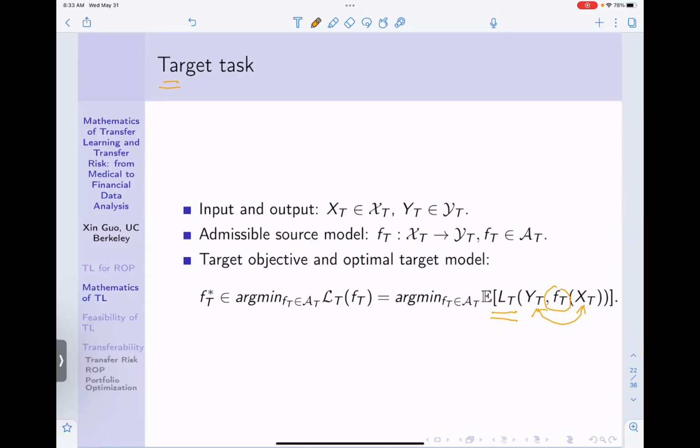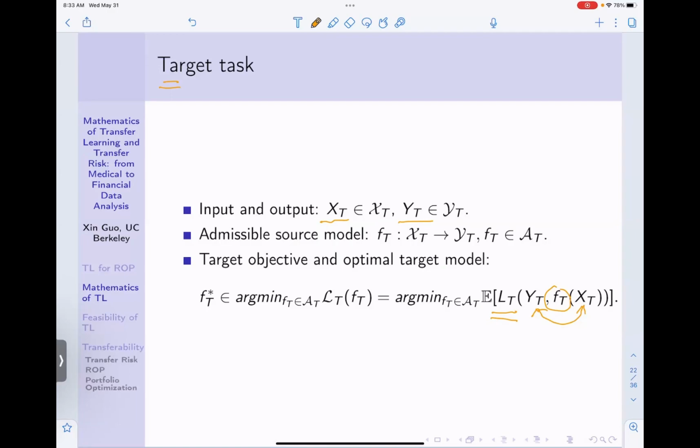Your input is X_T and the output is Y_T. I'm not going to bore you with all the details of Banach space, proper measures, metrics and so forth. You can imagine this is just the data and the model, trying to find the best fit with the proper choices of error functions.